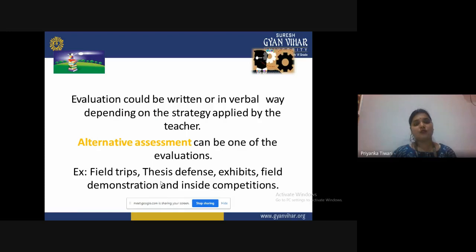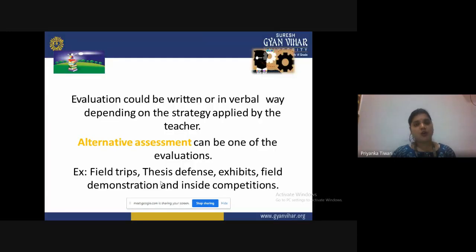Alternative assessment can be one of the evaluations: field trips, thesis defense and exhibits, field demonstration, and inside competitions. So these are all about the teaching methods we have discussed here.